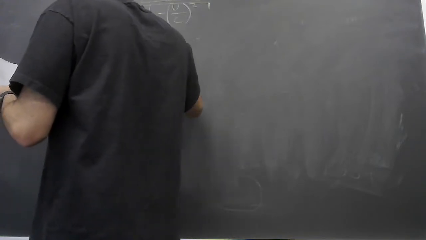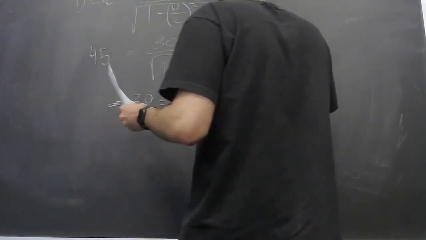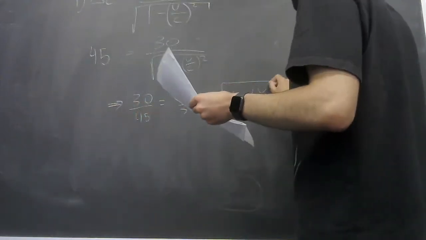At this point, we're going to plug in our 45 here, and we're going to plug in our 30 here. 1 minus v over c squared. And then we're going to get 30 over 45. We're going to do some rearranging. So 30 over 45, which actually equals 2 over 3, equals the square root of 1 minus v over c squared.